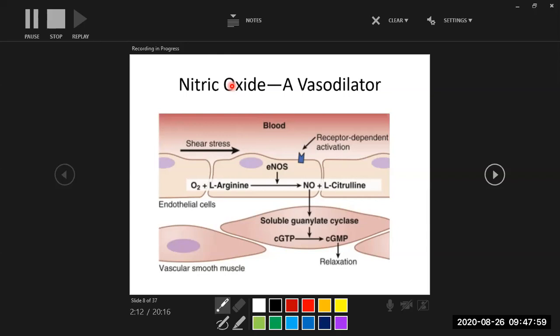Because earlier we talked about some metabolic waste products, those are also very active vasodilators. And nitric oxide also has the capacity to cause vasodilation. So nitric oxide, NO, is a vasodilator.